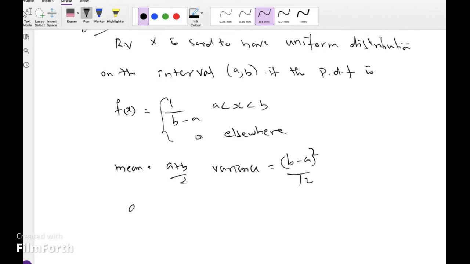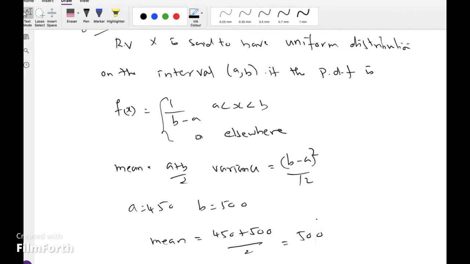So here a is equal to 450, b is equal to 550. So the mean is 450 plus 550 by 2, that value is 500.